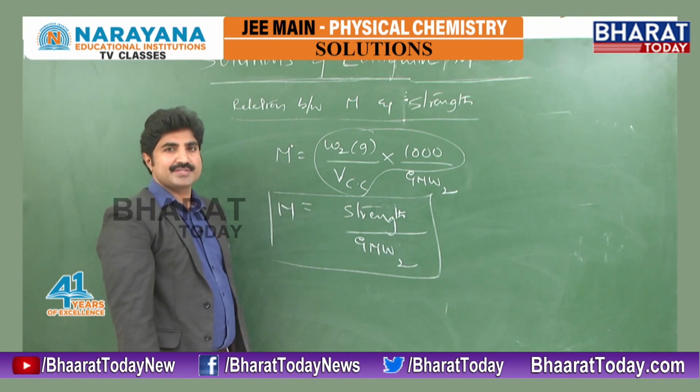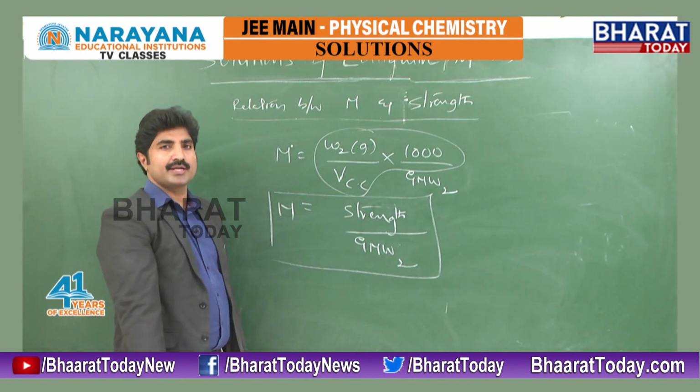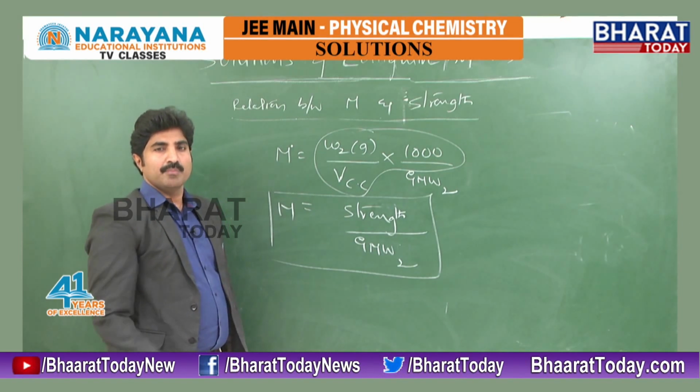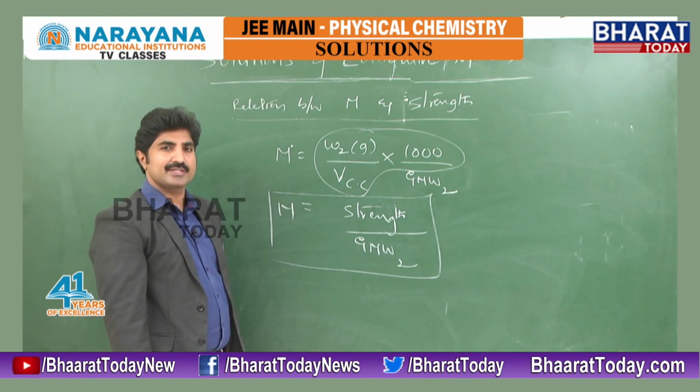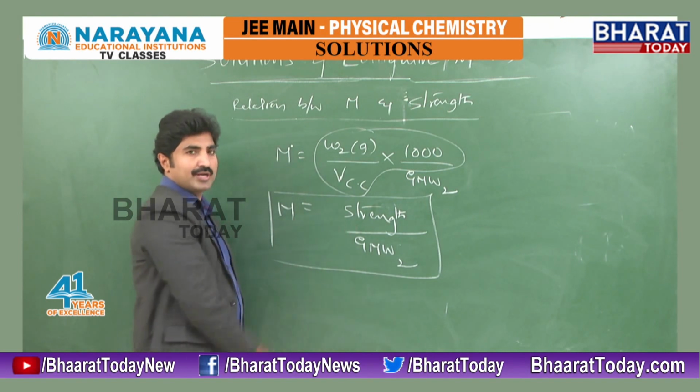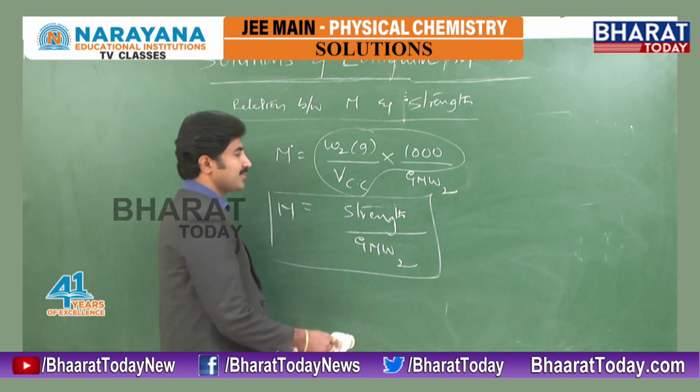So previously we discussed the relation between molarity and percentage weight by volume, molarity and percentage weight by weight, and this is the relation between molarity and strength. And what is the common relation?